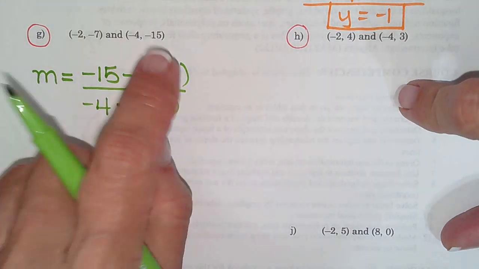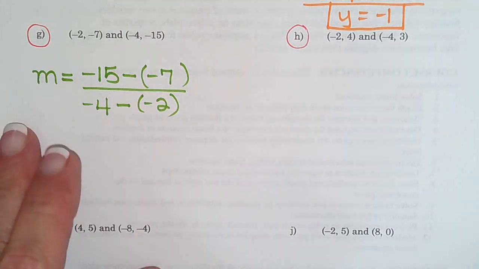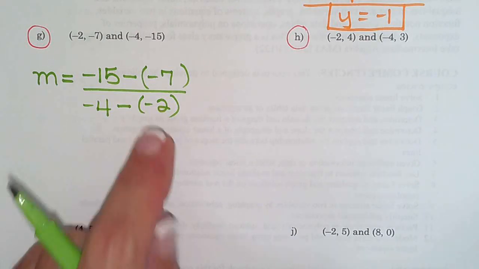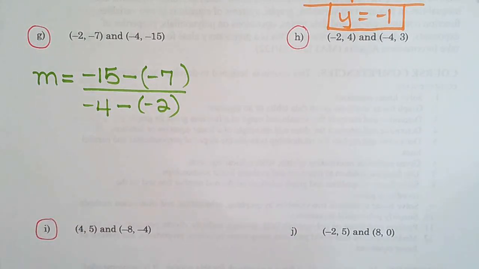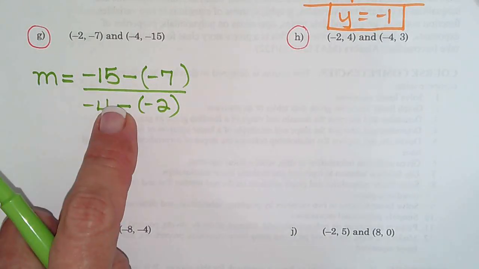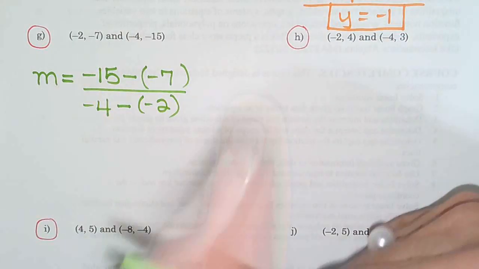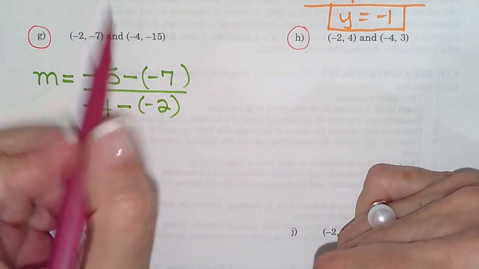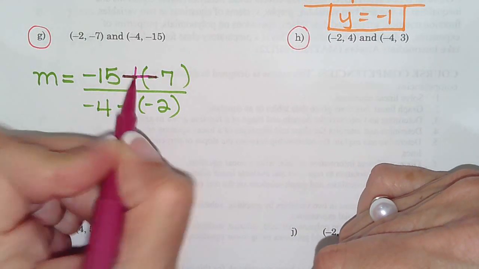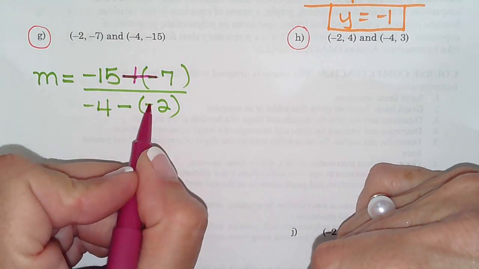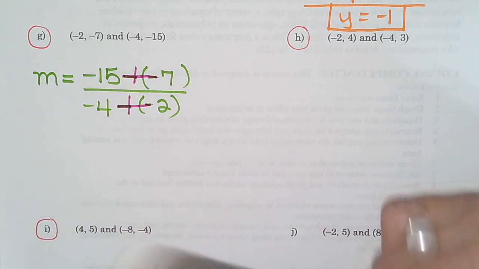So that's why we always start in. Just make sure you don't quit after this step, because the directions say find an equation. This is just called finding the slope. So -15, and that's going to be +7, and -4, and that's going to be +2.